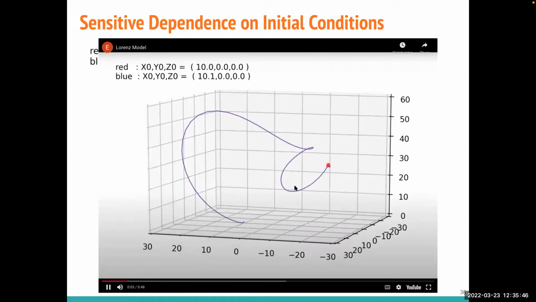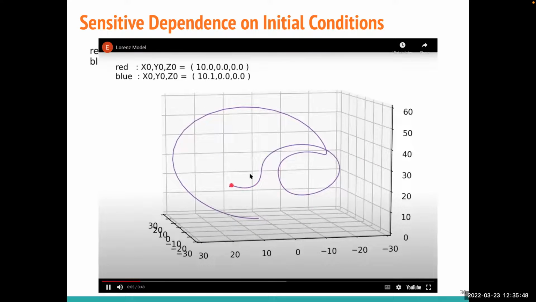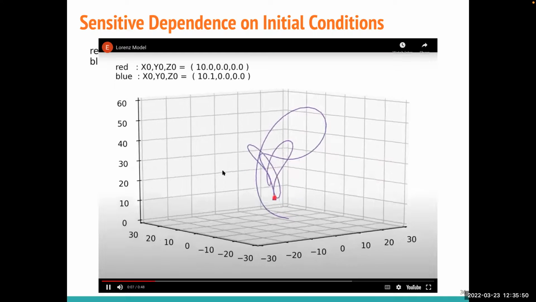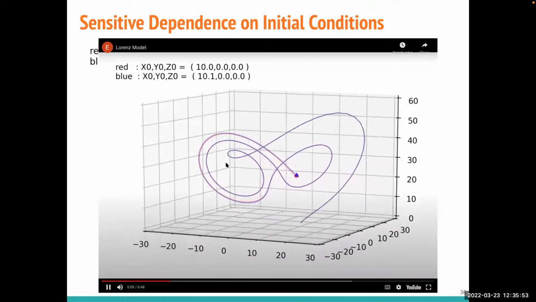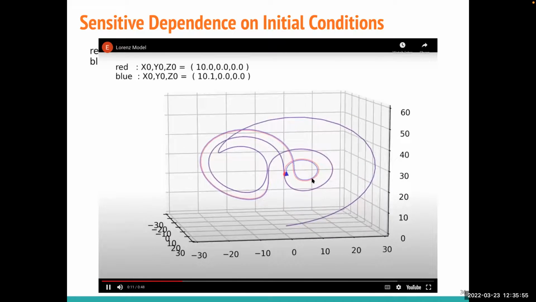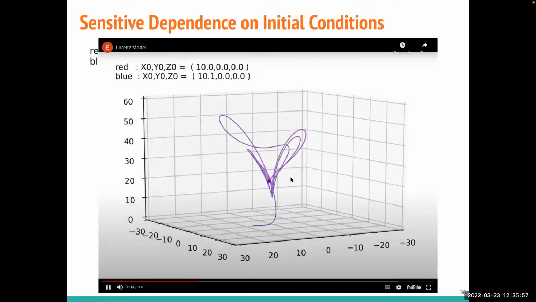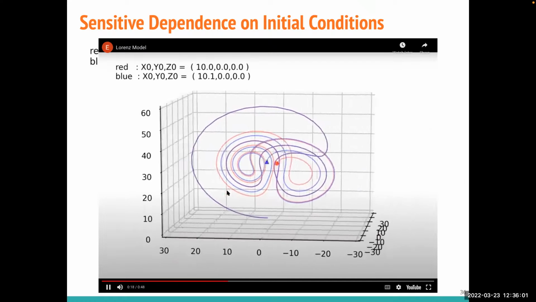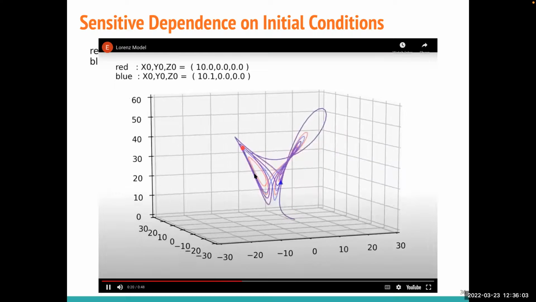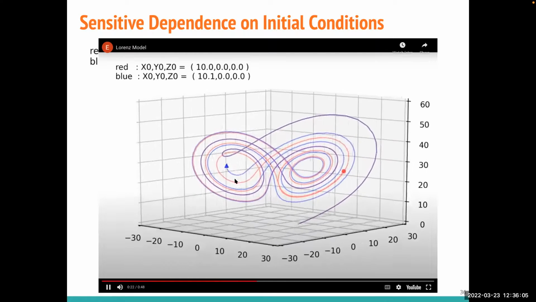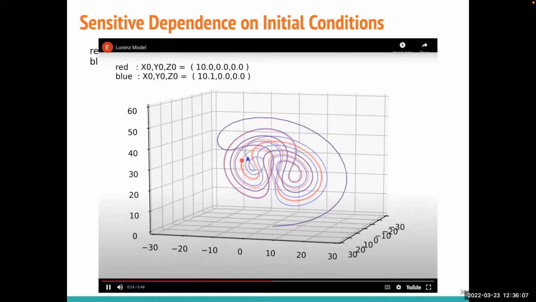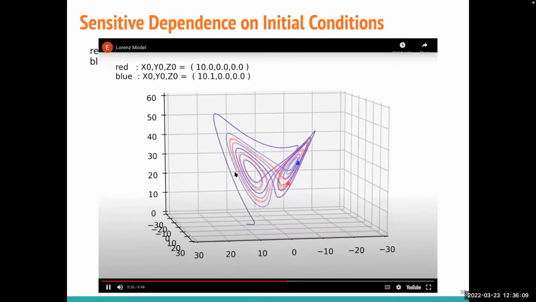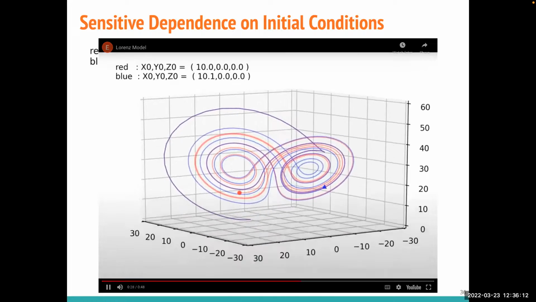Okay, you can see that they are pretty much having the same trajectories in the XYZ plane, the three variables. Okay, and then they start to deviate over time. And then they deviate more and more until they're not the same anymore. Okay, they have totally different states and totally different trajectories. So this is just showing you the idea.